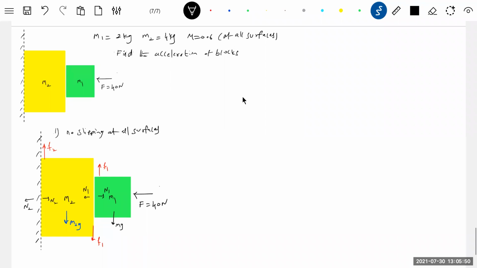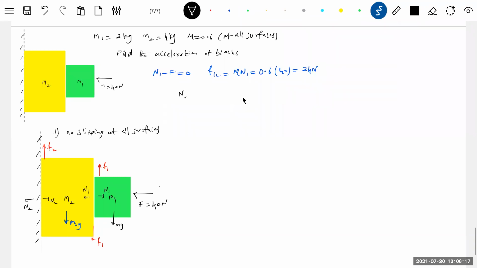Then the friction acting at all surfaces should be static. First we'll calculate the limiting frictions at all surfaces. N1 minus F equal to 0. F1L equal to mu N1, 0.6 times 40, which is 24 Newton.